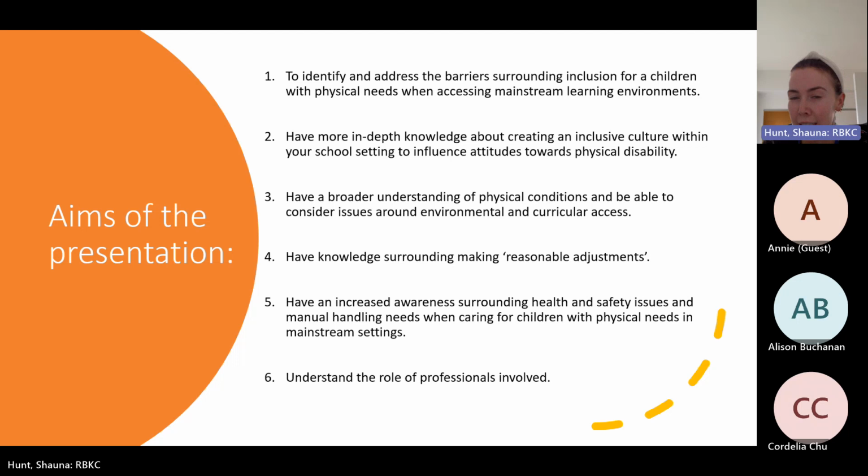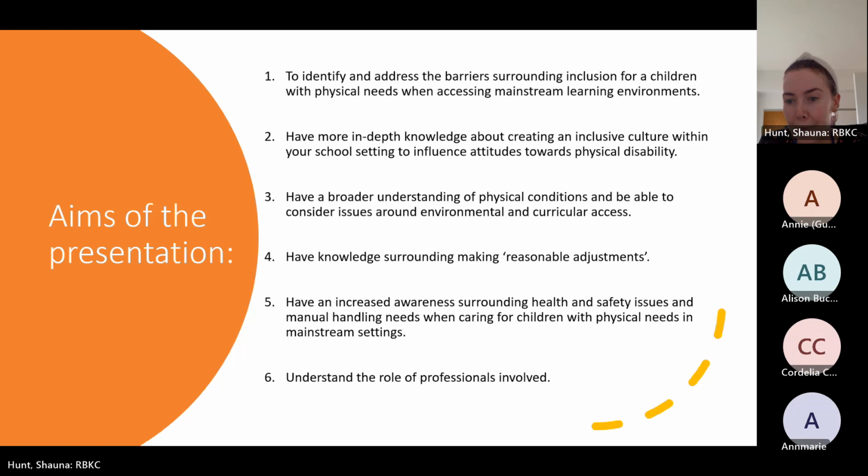Just to get an idea of who's in the training today, are you Senkos or teachers? If you don't want to chat, that's fine, you can just pop it in the chat, just so I know what kind of things we can be talking about today. Senko, teacher, okay, perfect. Early years, perfect. Hi, Anne-Marie, I think you just joined.